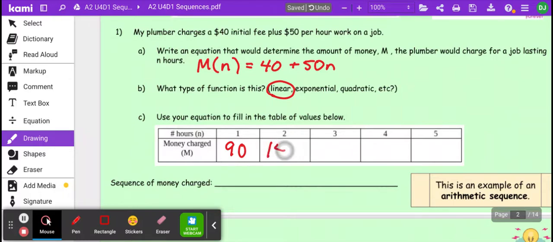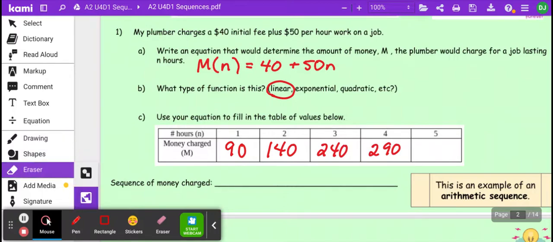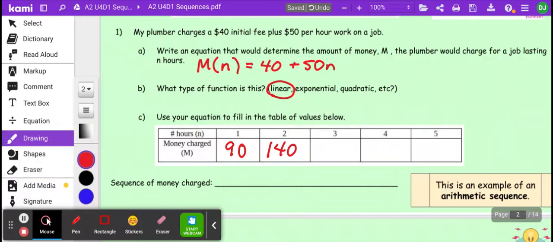All right, second hour, did you get 140, 240, 290? Okay, I apologize. I skipped a beat there. 190, 240, and 290. Sorry about that.